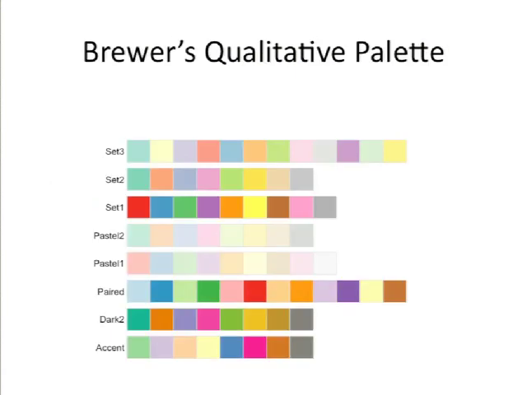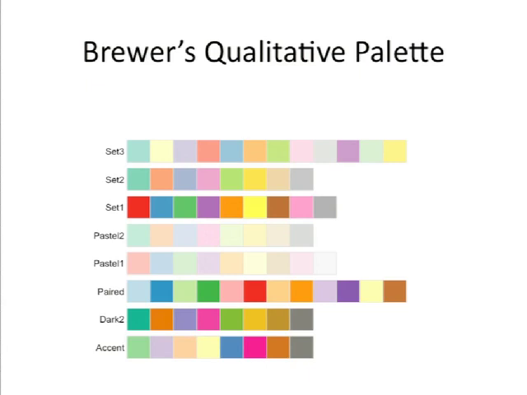Cindy Brewer is the professor at Penn State who has come up with a whole set of palettes for you to use in making plots. She's got many. If you do a Google search and find her website, she's got a whole slew of palettes, far more than what are available in R. These are available in a package in R called RColorBrewer.